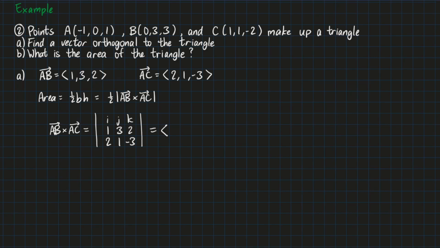We'll start with i, taking this diagonal and subtracting the other diagonal. So it's 3 times 3, subtracted by 2 times 1. And then for j, 1 times negative 3 minus 2 times 2.